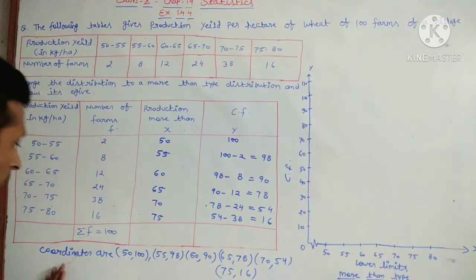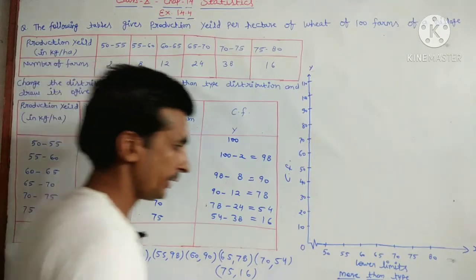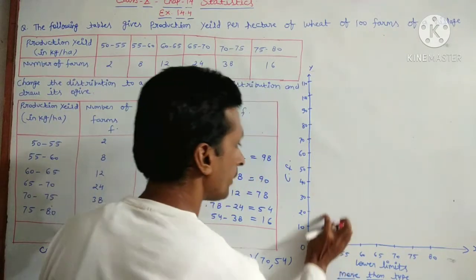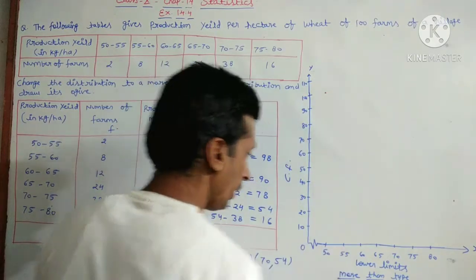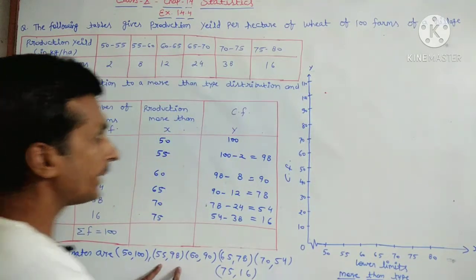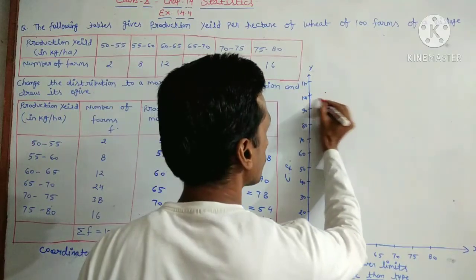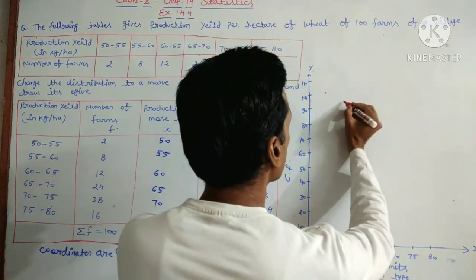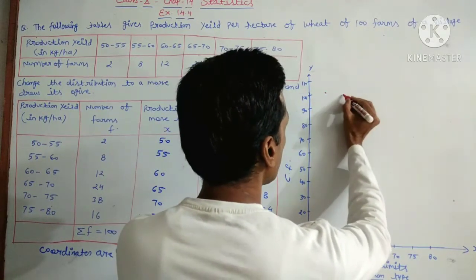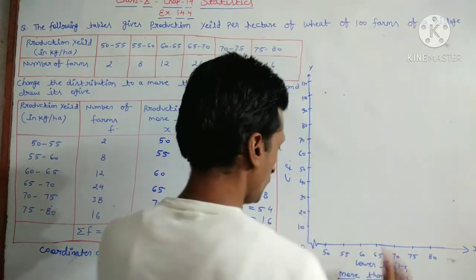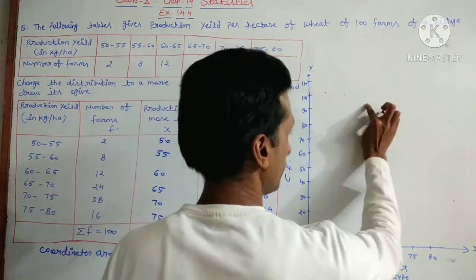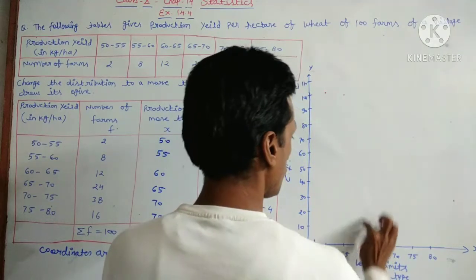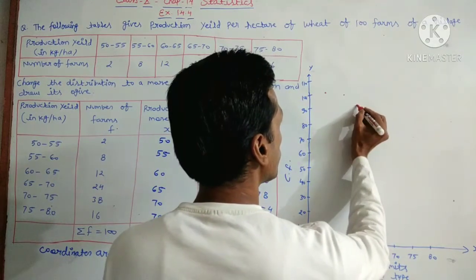Now we plot this point 50, 100. First point 50, 100. So here is the 50 and 100. Move from here. Okay, now 55 and 98. So there are only 2, so you will get this point here. Okay, and the next one is 60 and 90, here.